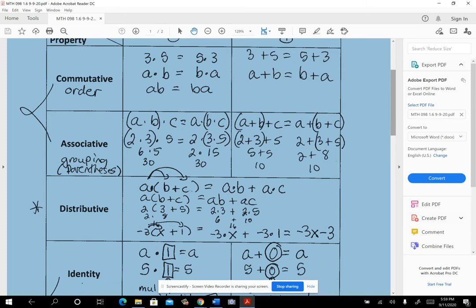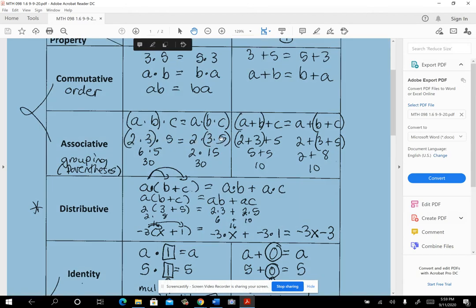The associative property is the property that has to do with the parentheses, and whether where the parentheses are located doesn't really matter if you're multiplying or adding. See how on these, the order of the numbers is the same, 2, 3, 5 on both.